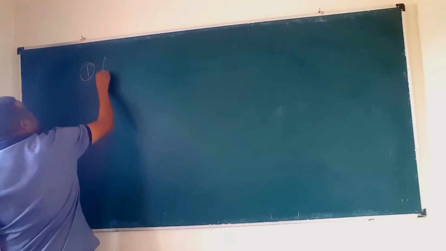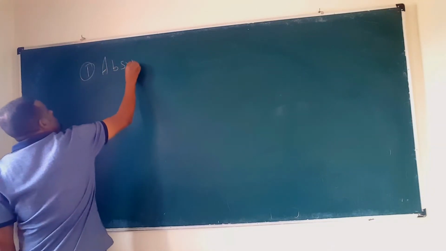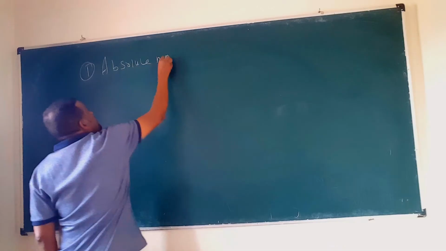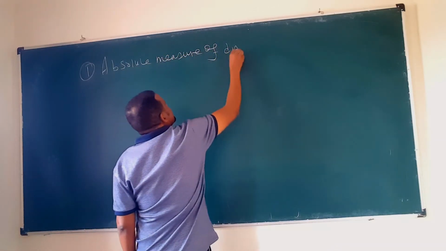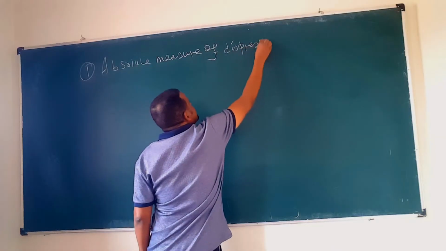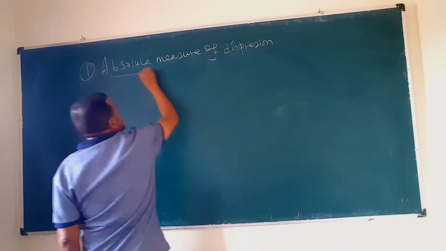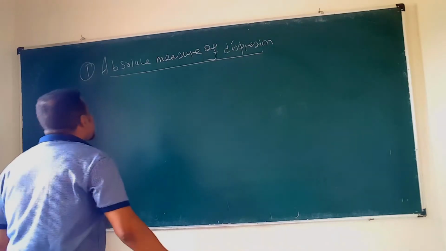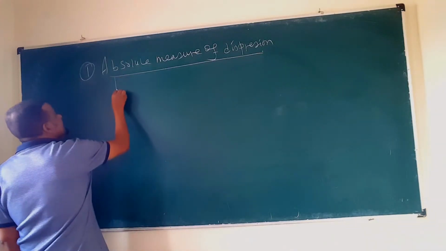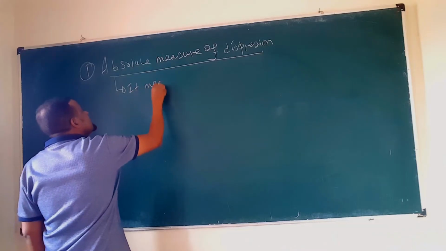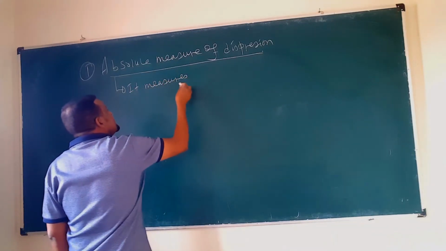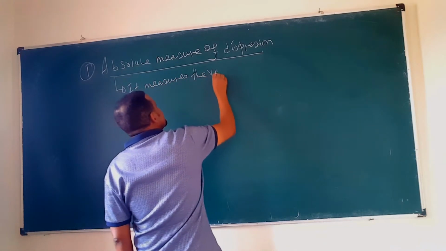The first one is the absolute measure of dispersion. This absolute measure of dispersion measures the variability.